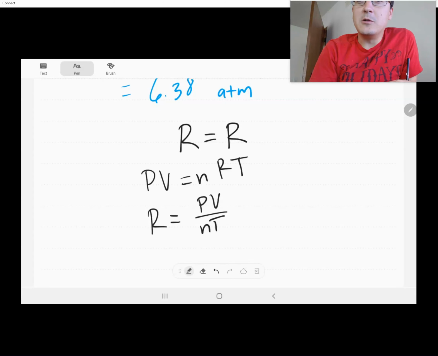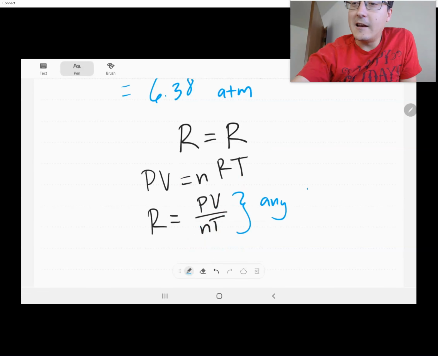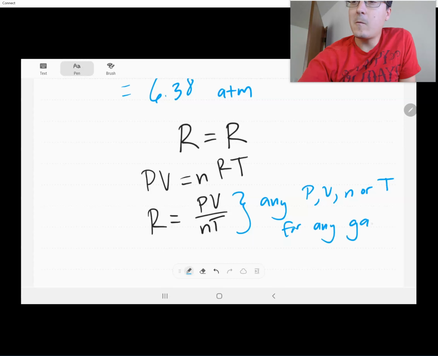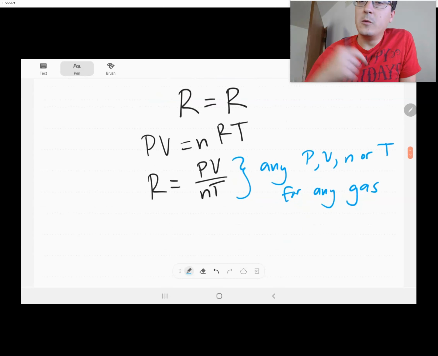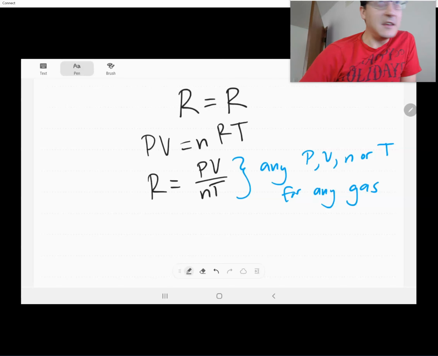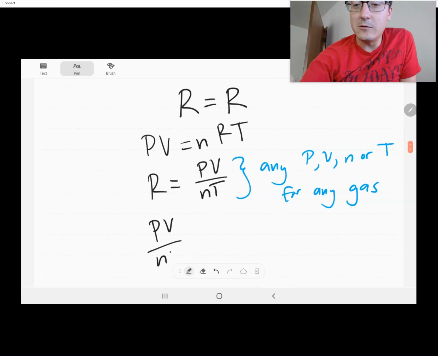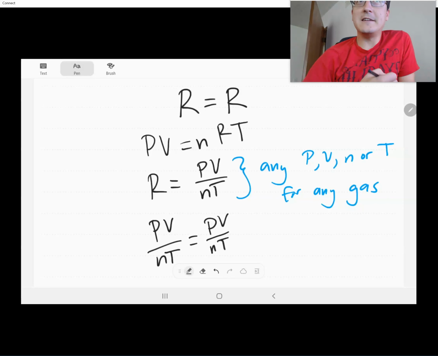And since we know that this could be for any P, V, n, or T for any gas, we can say that for any other gas, the same thing is also true, right? And since R is equal to R, we can say P1V1 over n1T1 equals P2V2 over n2T2, right?